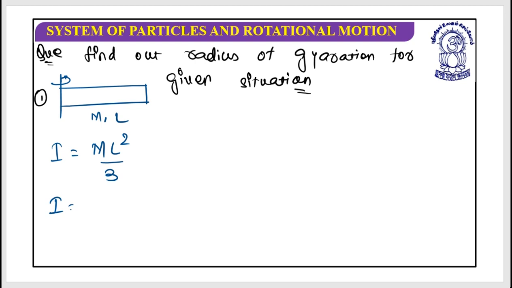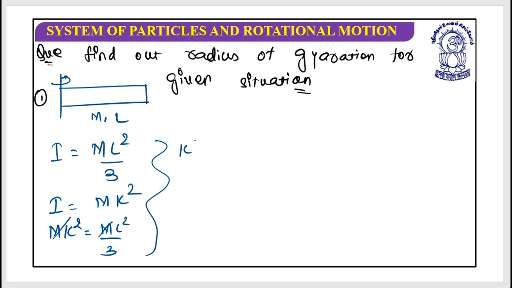Comparing it with K square, MK square would be equal to ML square by 3. This M has gone, and K square is equal to L square by 3. This gives K equal to L by root 3 meter. I hope this is clear.